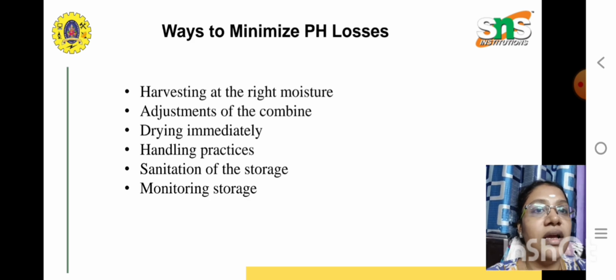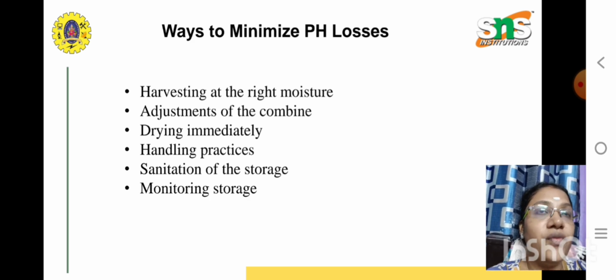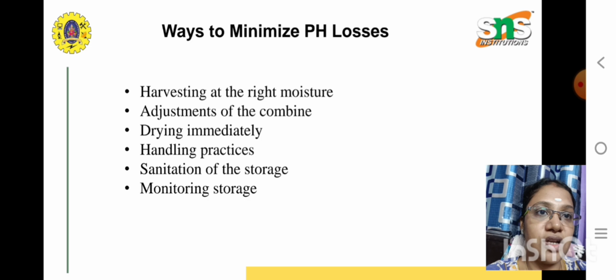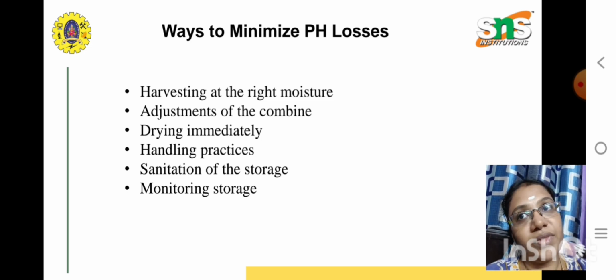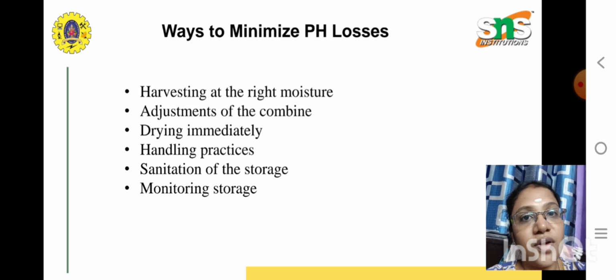So coming to how we can reduce or minimize these losses. The first thing, we have to make sure the crop is harvested at the right moisture. So we have to see that the maturity of the crop is attained at the time of harvesting.